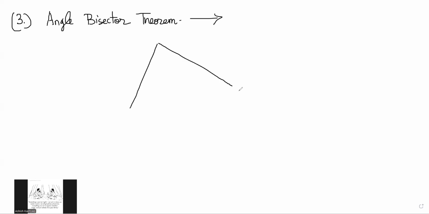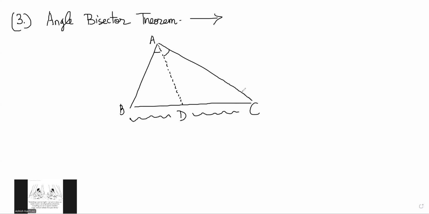Okay, the next theorem that we want to talk about today is the angle bisector theorem. So basically, the theorem says that if you have any triangle ABC and you draw an angle bisector of any angle, let's say it meets the opposite side at this point D, then the angle bisector divides the opposite side in the ratio of the sides that make up the angle.